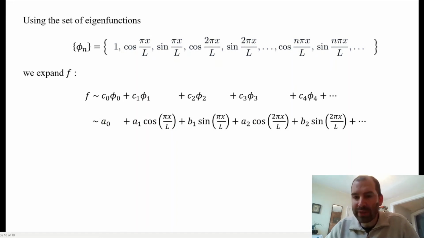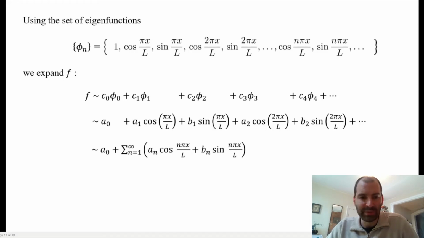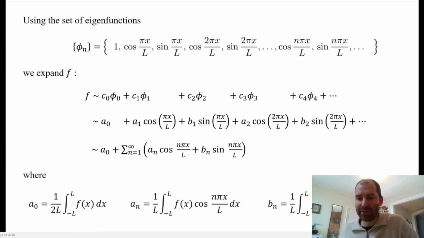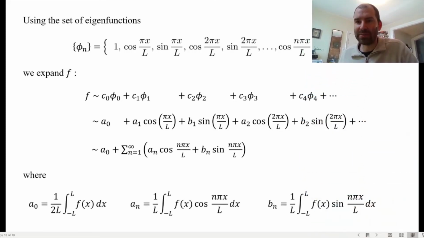And so we can write that in summation notation as follows. Okay, so this is the Fourier series for f, where the coefficients are given as follows. And remember, these coefficients are just the projection coefficients that we get when we project f onto the corresponding eigenfunction.